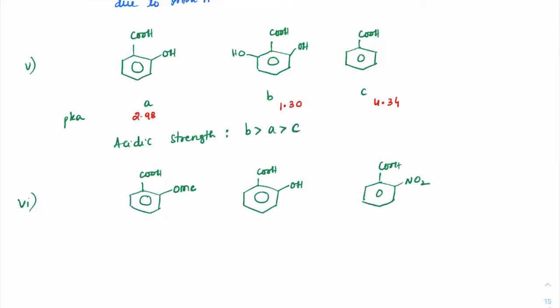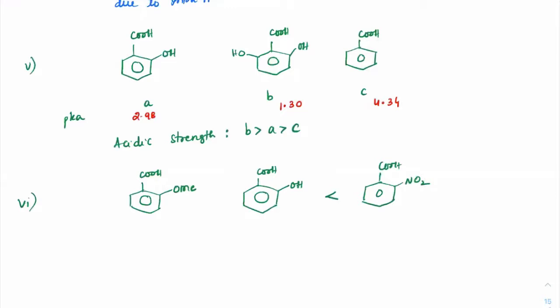Yes. So within ortho effect, how do we compare? Within ortho effect, you have to check out the withdrawing nature first. Which is strongly withdrawing between OMe, OH and NO2? NO2 is strongly withdrawing. So along with ortho effect, it would also have strongly withdrawing nature. That's why it is more acidic.